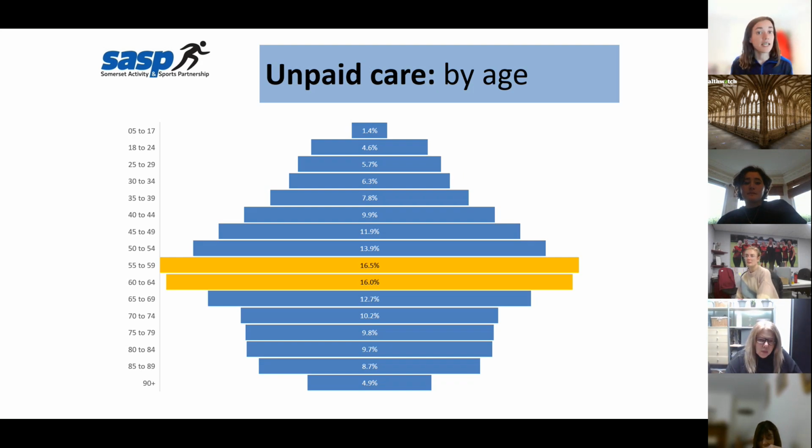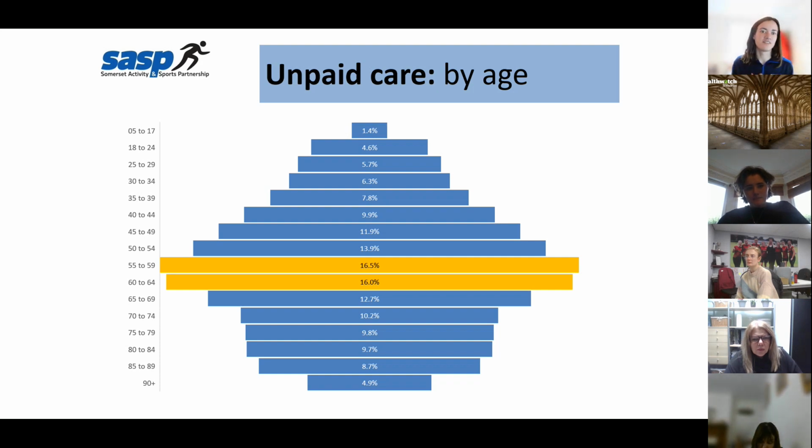What's interesting here is also the age of the unpaid carers, and this is a bit dissimilar to what we saw around disability. It's more of a diamond shape, so it tends to be those people in the middle age groups that take on a lot of unpaid care, and the highest proportion of people that take on unpaid care are aged between 55 and 65.